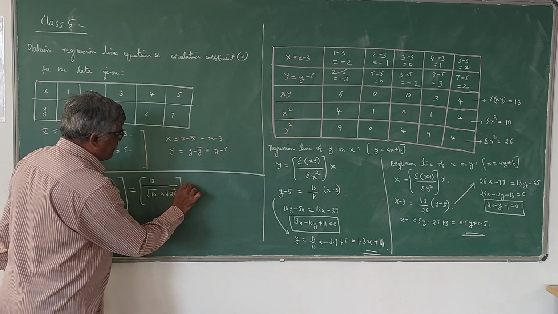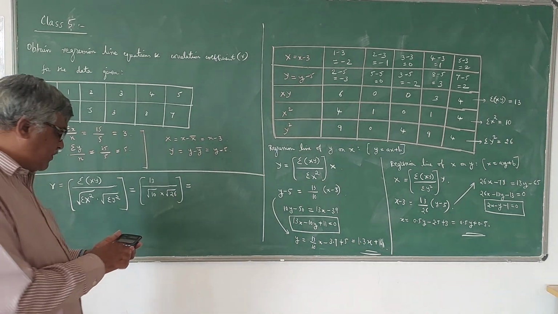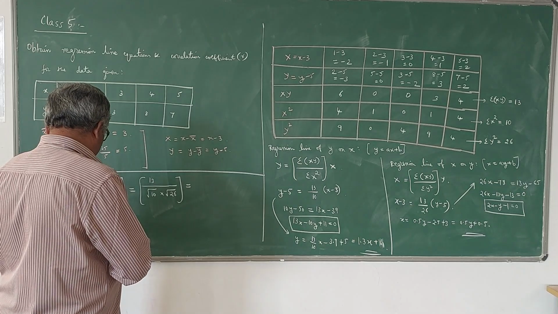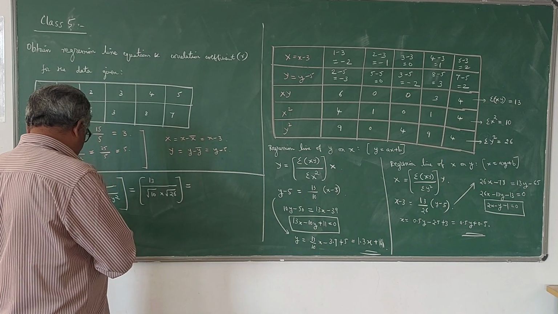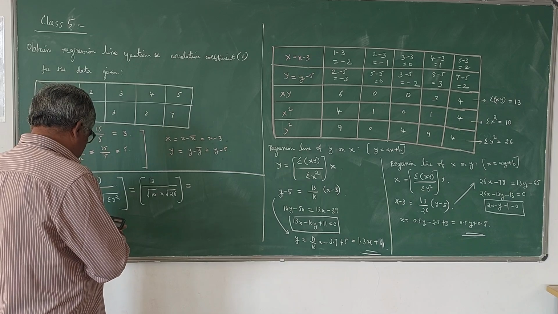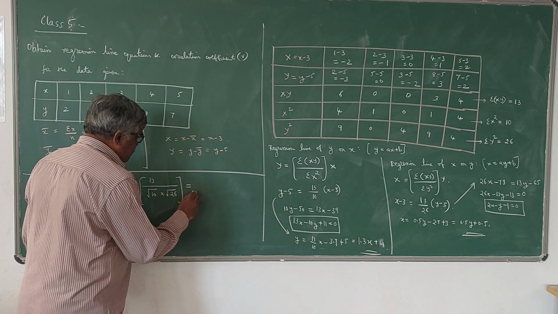So this is the answer. If you simplify that, you will get 13 divided by square root of 10 divided by square root of 26, which is 0.8062.